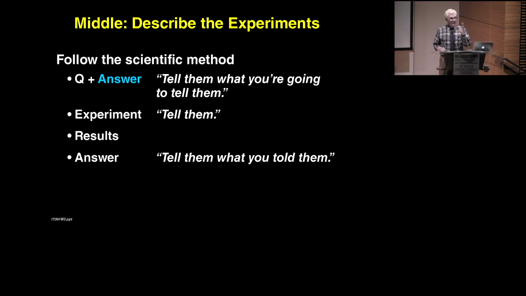And then I show you the experiments. Did I prove it? Did I do what I said I was going to do? Well, you sit there and you listen and you see if, in fact, I did it or not. The middle is where you support, defend, and make specific your message.